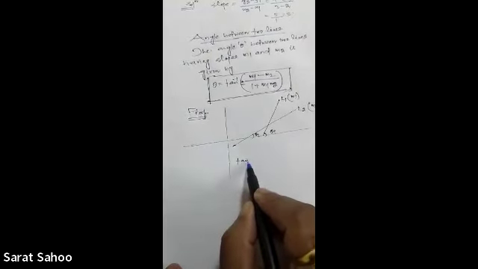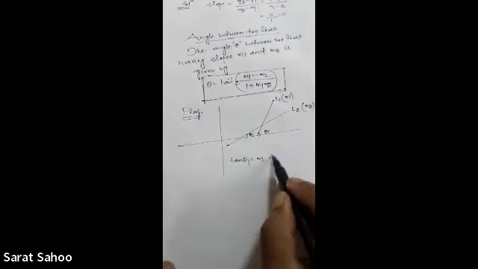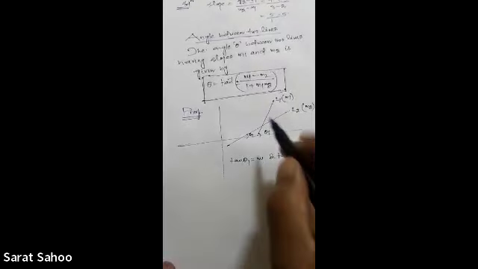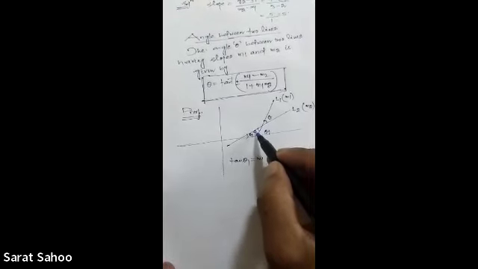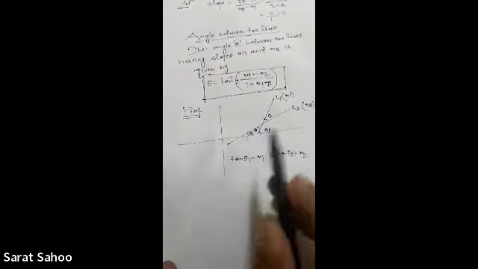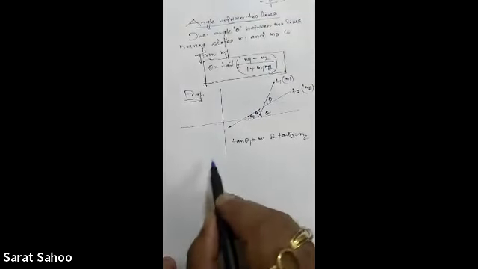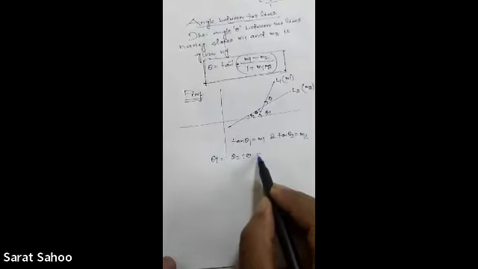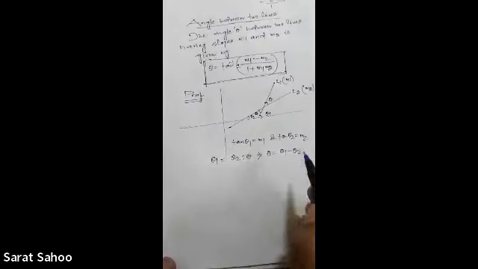Thus tan θ1 is equal to M1 and tan θ2 is equal to M2, and let this angle be theta, then this angle will be theta, vertically opposite angle. So exterior angle is the sum of the interior opposite angles. Okay, so θ1 is equal to θ2 plus theta. This implies theta is equal to θ1 minus θ2.